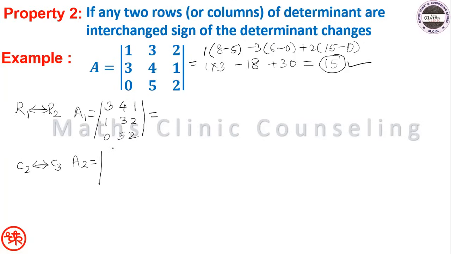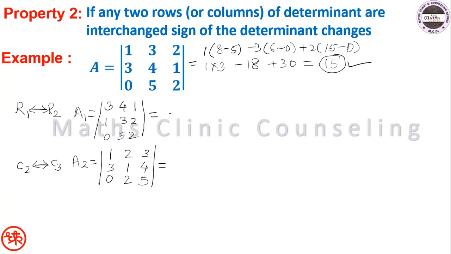The first column is the same, and C2 is replaced by C3, that is 2 1 2, and C3 is replaced by C2, that is 3 4 5. Is that clear? And we check what should happen by this property. By the property, only the sign will change; the original determinant's answer is 15. So for both of these the answer should be minus 15.